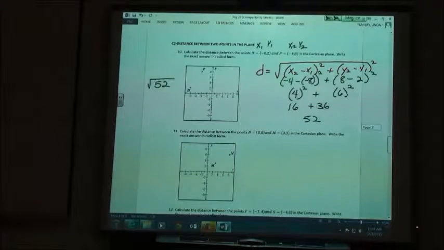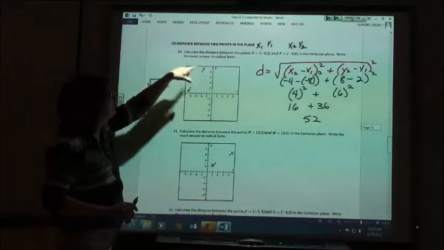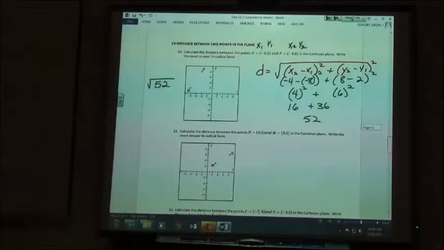Now, square root of 52, we have to think about, can we simplify that or not? I'm not sure if these ones make you simplify because it doesn't say simplify it, but it's good practice anyway. Do we have any perfect squares that divide into 52? Maybe try 16. That gives 3.25.